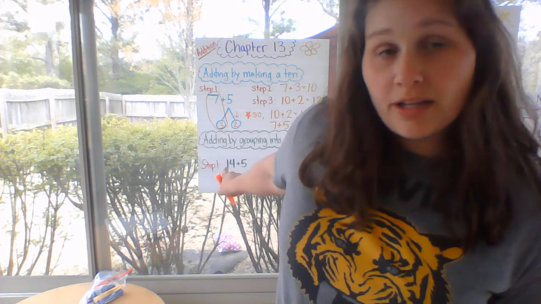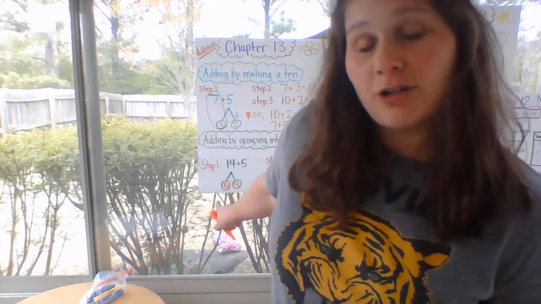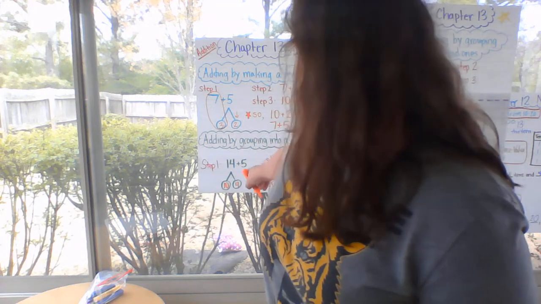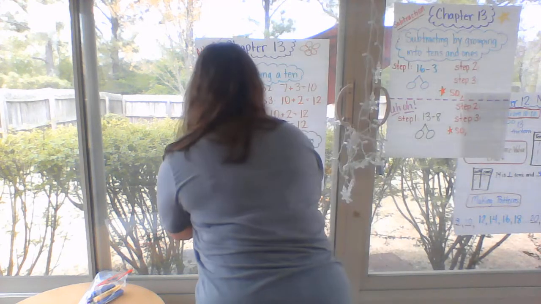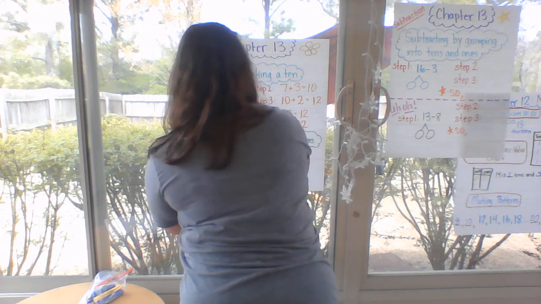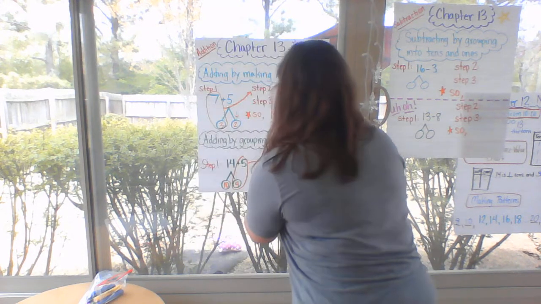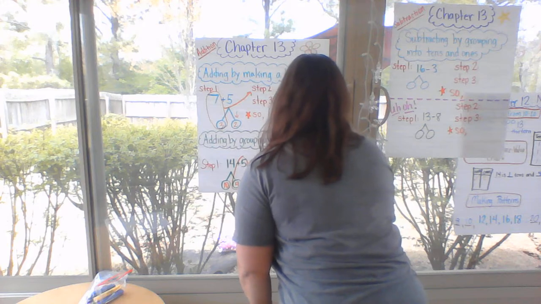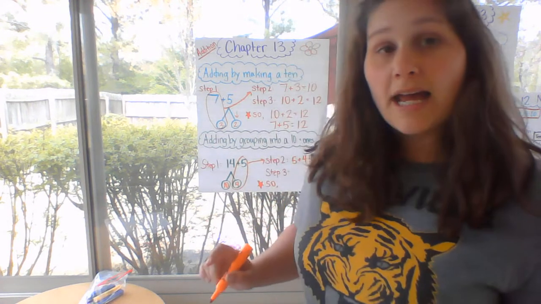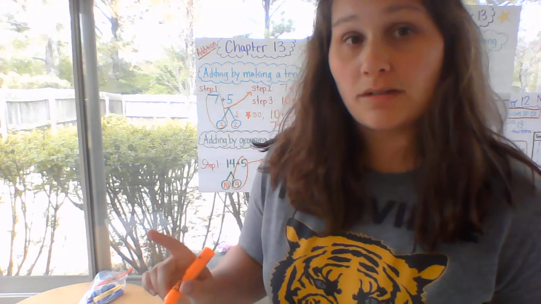So now that I've broken that apart, I'm going to actually add my 1s first. My 1s are 5 and 4. So now I have 5 and 4 equals 9.